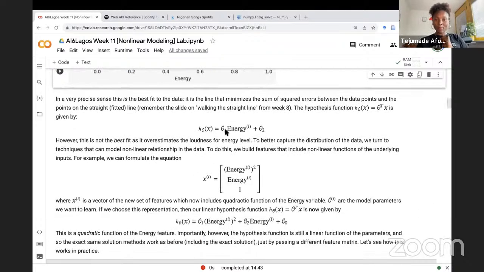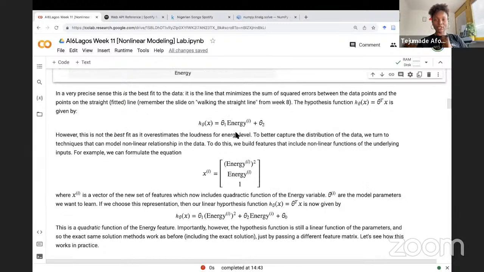So the hypothesis function here is the parameter theta1, which is the weight that we talked about, also called parameter of the model, and the feature, which is now we are focused on energy.